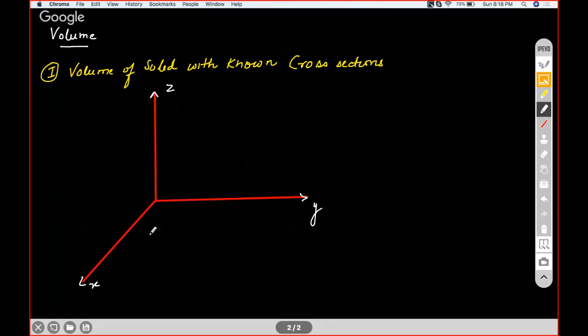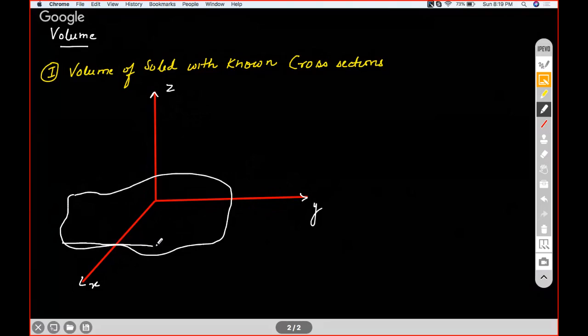Now I've been given that this solid is based on a fixed cross-section area. Let's say this is the cross-section area on which the solid is fixed. Now this area can be anything. You may be given a curve like a circle or an ellipse or whatever. And you would be told that the solid that you're going to get is basically a solid which has got a fixed cross-section area.